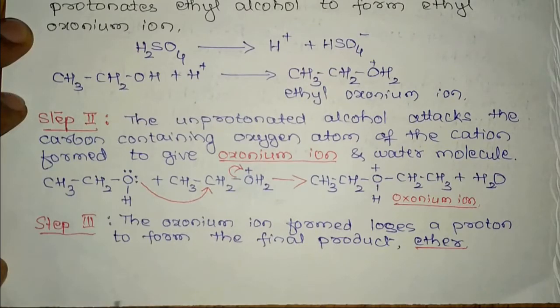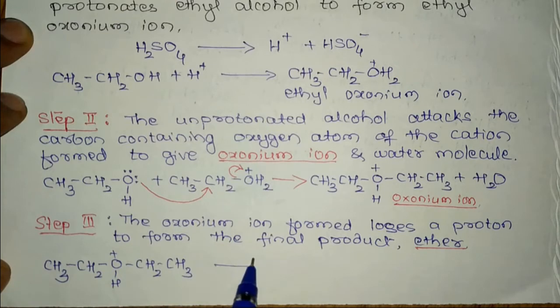Now we'll write this reaction. The oxonium ion formed in step 2, CH3CH2OHCH2CH3 plus, loses a proton like this. Movement of the bonded peripheral proton takes place like this.